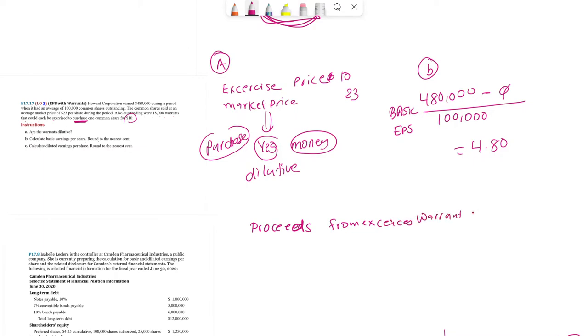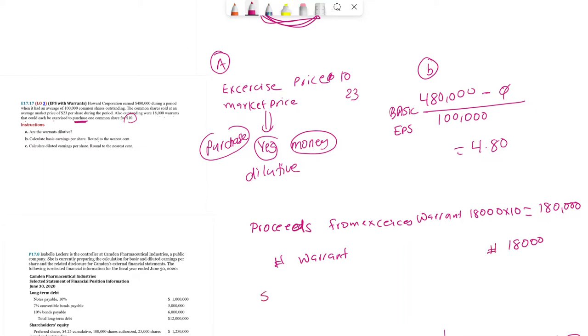How many warrants? In this case, the warrants are 18,000. We multiply by the exercise price, so they are going to receive 180,000. The number of warrants exercised is 18,000 warrants.